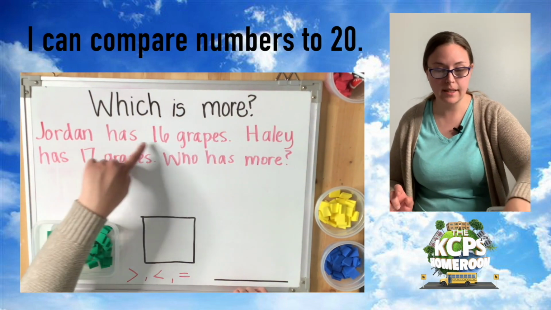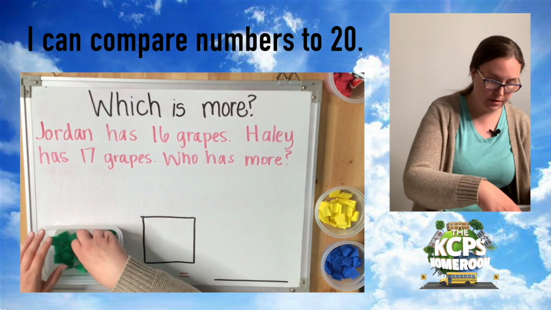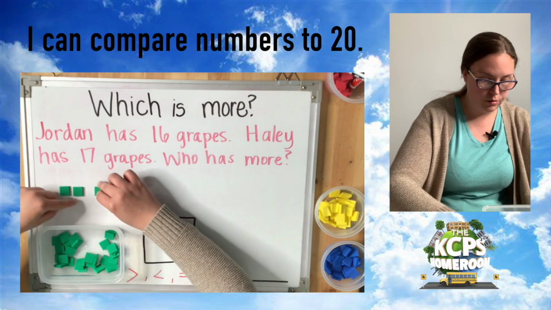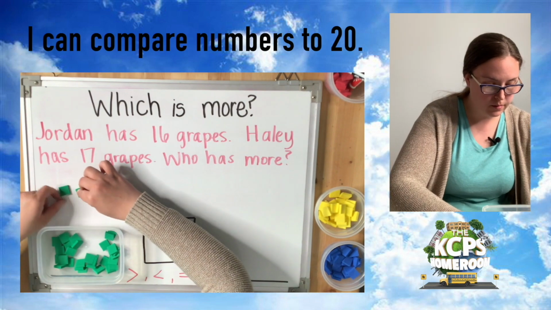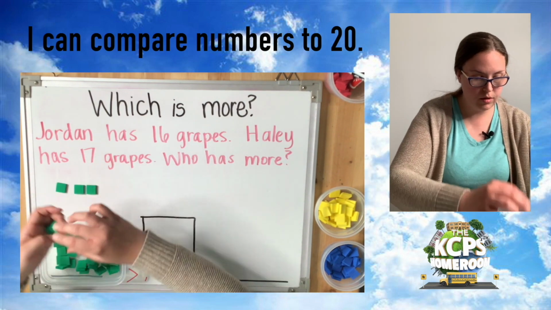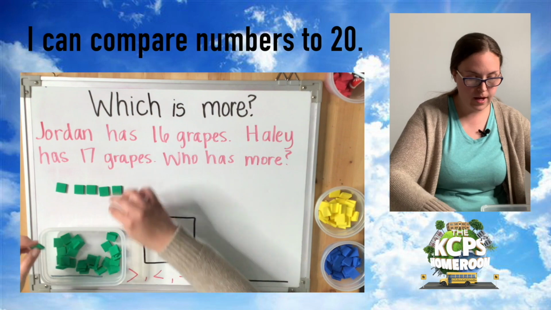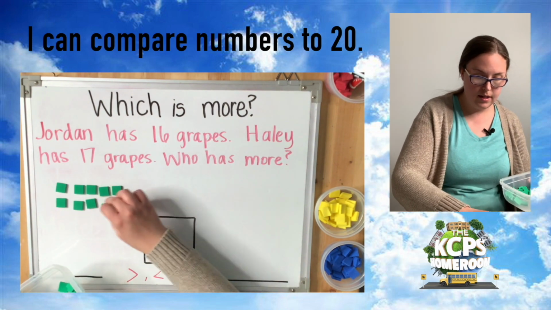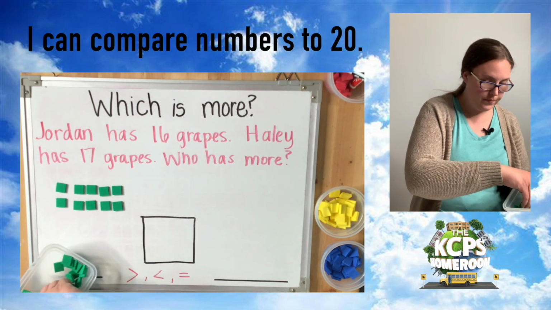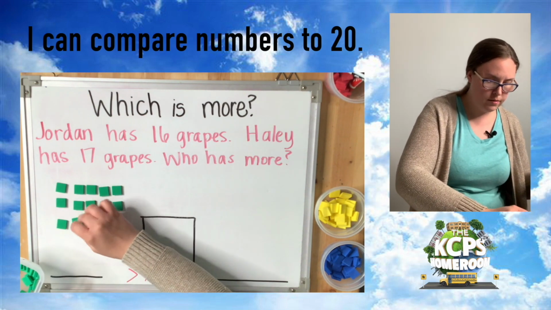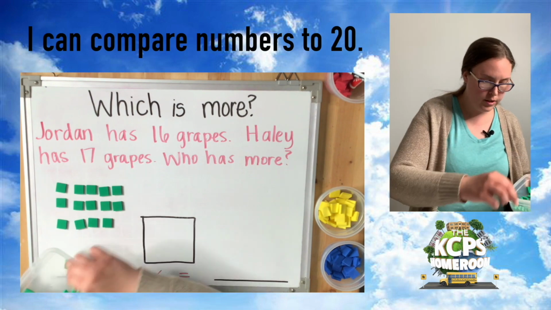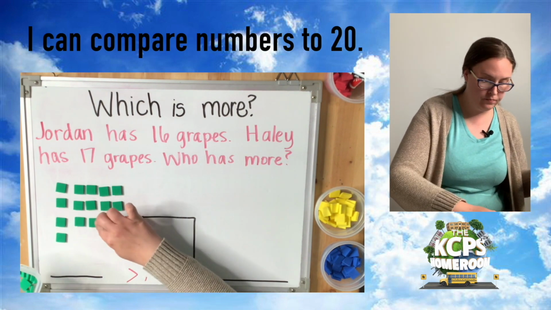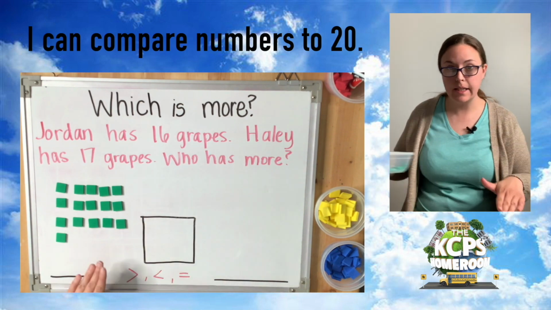Jordan has 16 grapes, so let's count out 16. 1, 2, 3, 4, 5, 6, 7, 8, 9, 10, 11, 12, 13, 14, and 15. And we need one more to get to 16. So there is a model for 16 grapes.